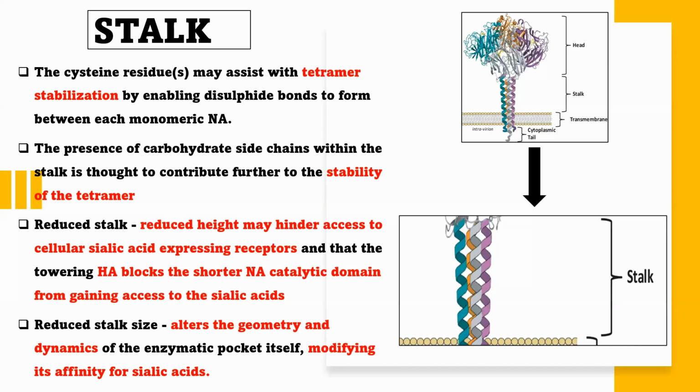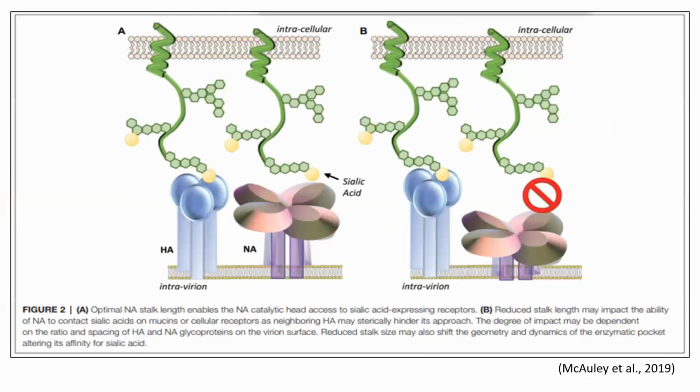The lack of NA function would trap the viral particle and prevent its attachment to the cell surface receptor for viral entry. Reduced stalk size may also alter the geometry and dynamics of the enzymatic pocket itself, modifying its affinity for sialic acid, as shown in this figure on the next slide.